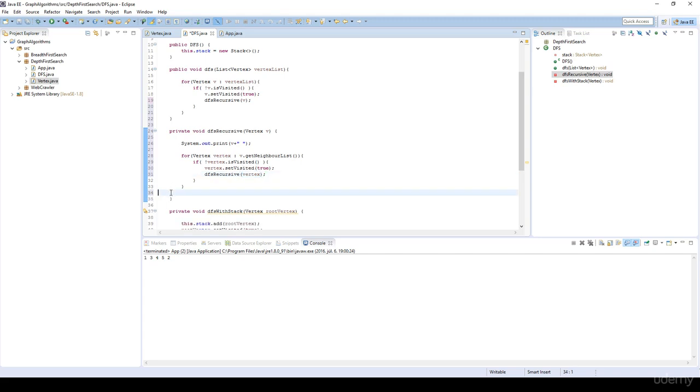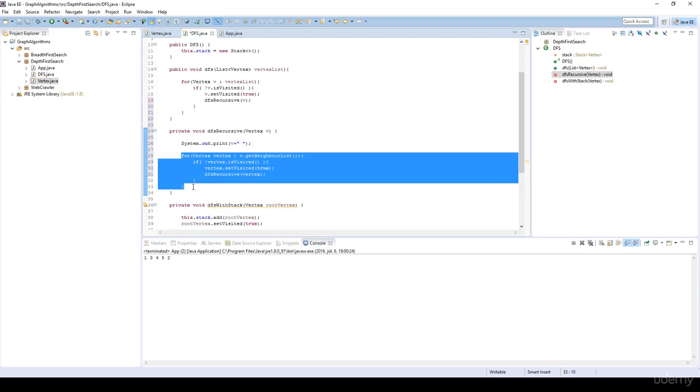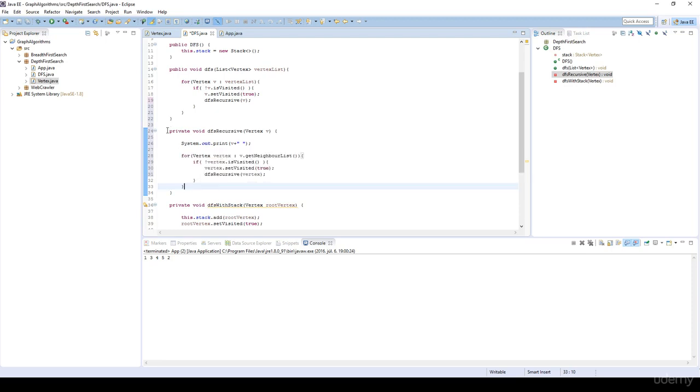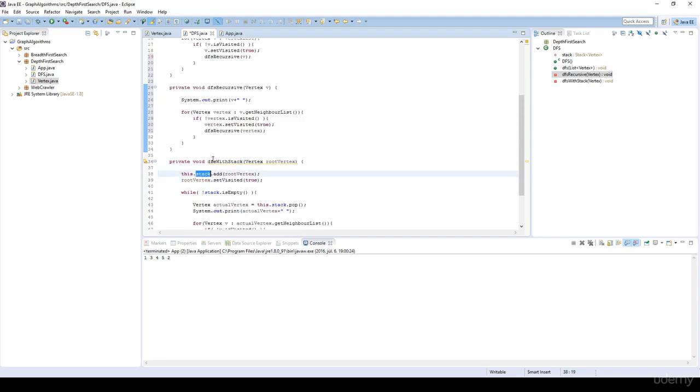It's very important that I'm not sure whether you are familiar with memory management and what's the difference between stack memory and heap memory, but basically the operating system is going to use the stack memory for these kinds of recursive method calls. So no matter that we don't use a stack abstract data type as we have used it here, the operating system is going to use a stack like this.